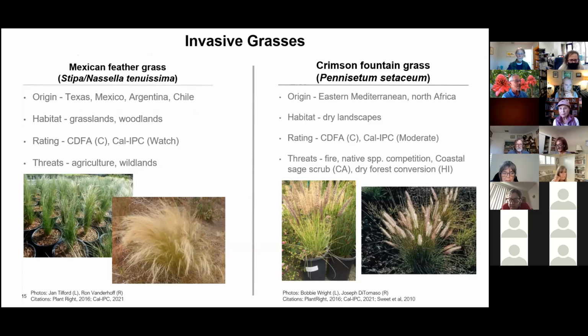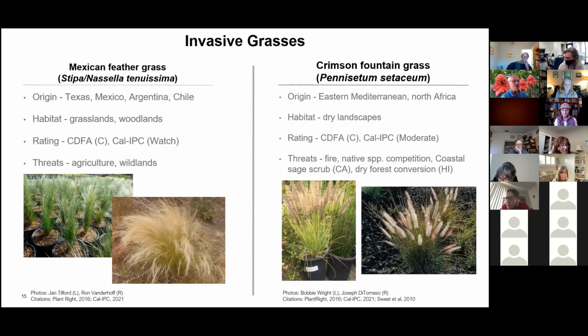Invasive grasses, some of these may surprise you. Just on our street, unfortunately, we've seen people planting Mexican feather grass, and that's a really pretty feather grass plant, but it's spread all over our street. So be careful, try to avoid this.